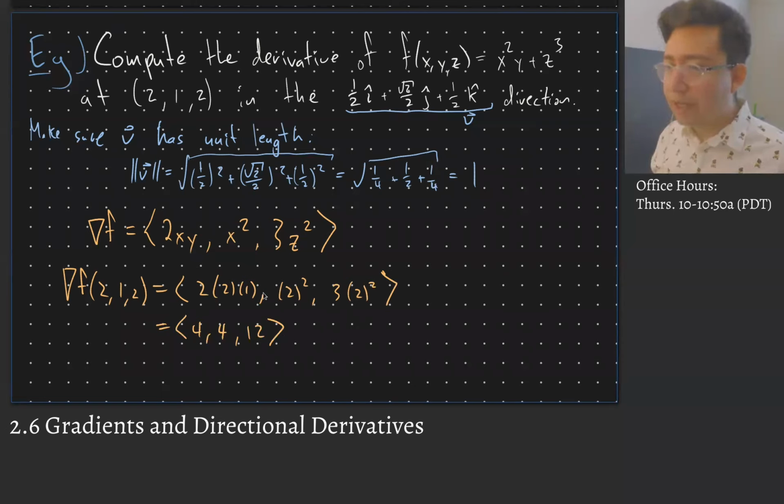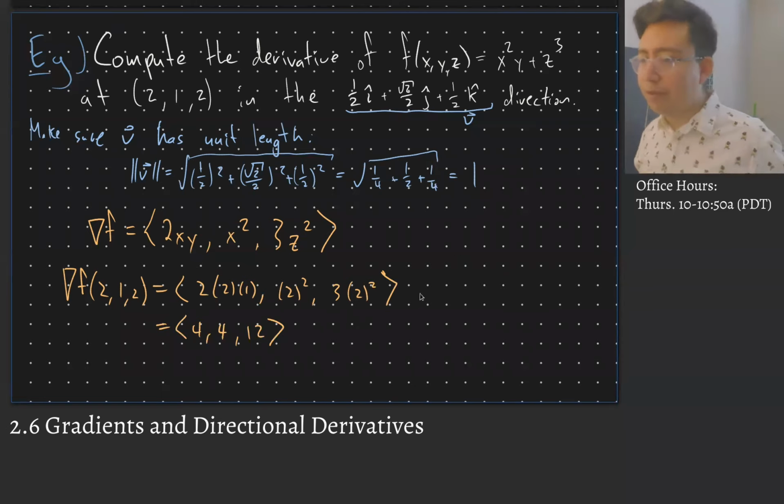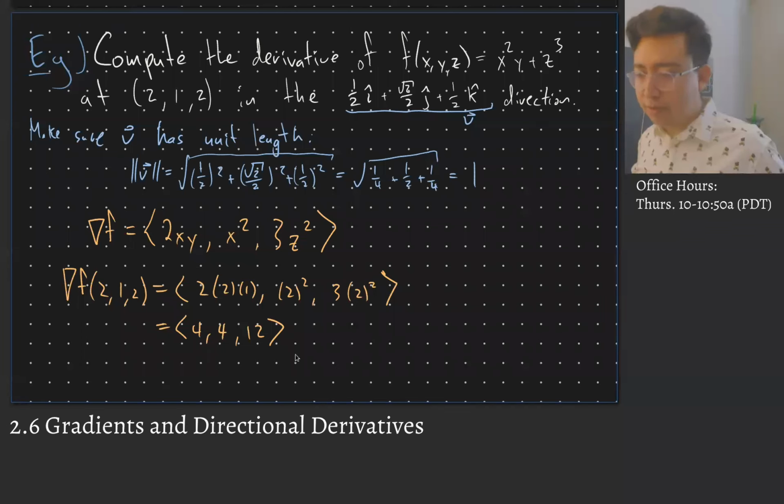The directional derivative, the derivative in this direction, is going to be the dot product of this. So we take the dot product. Our final answer is going to be (4, 4, 12) dot (1/2, square root of 2 over 2, 1/2).